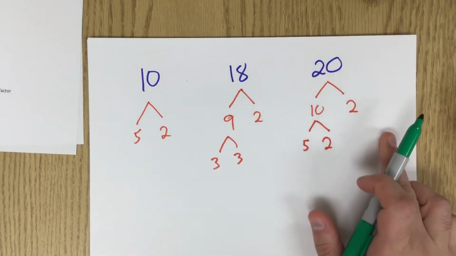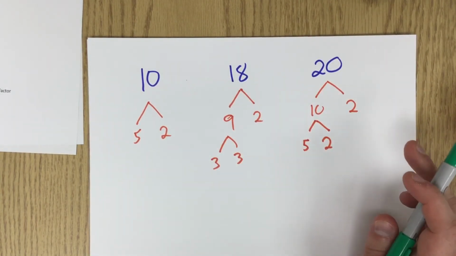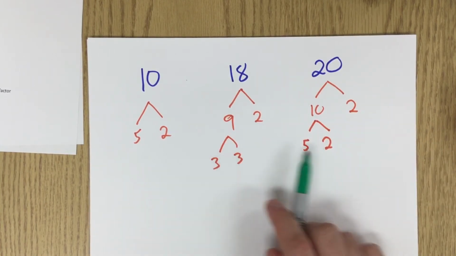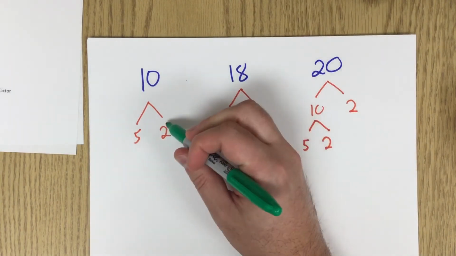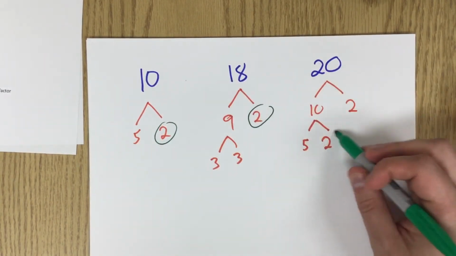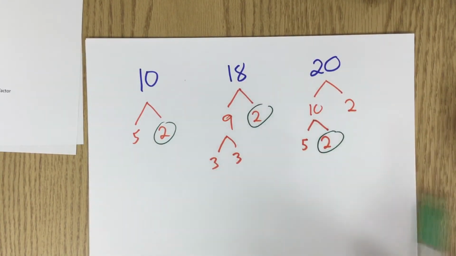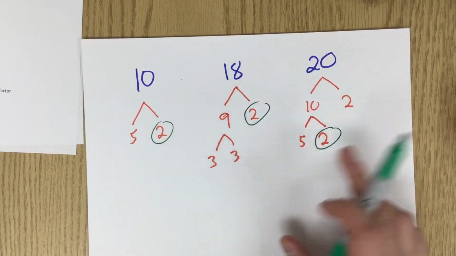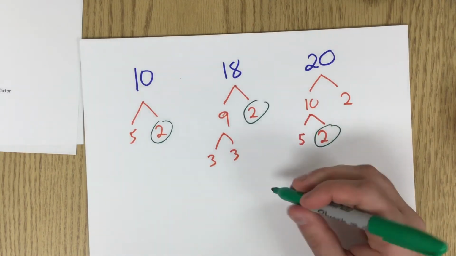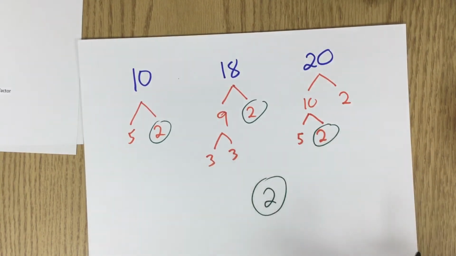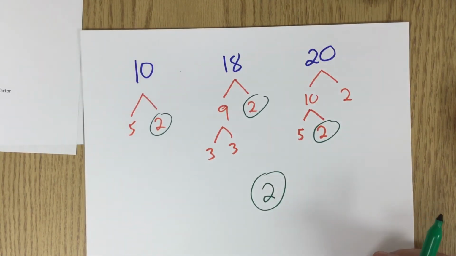So we need something that's common to all 3 of them. 5 is there, but there's no 5 in 18, so 5 is not common. 2, 2, and 2. Okay, there is a 2 that's common. And that's going to be it. There's 3's there, but there's no 3's in the others. So in this case, the greatest common factor is 2.